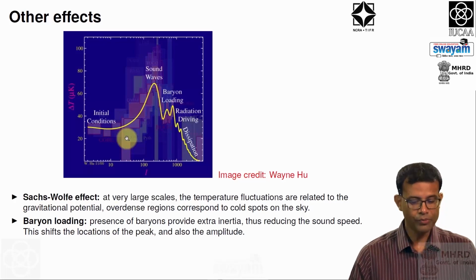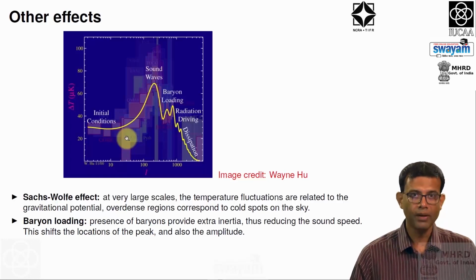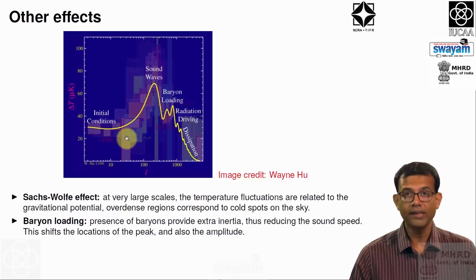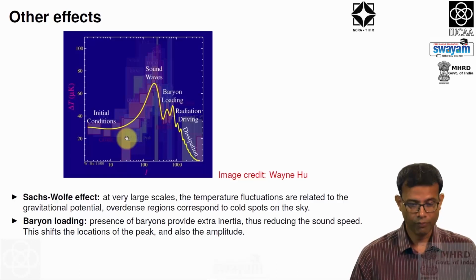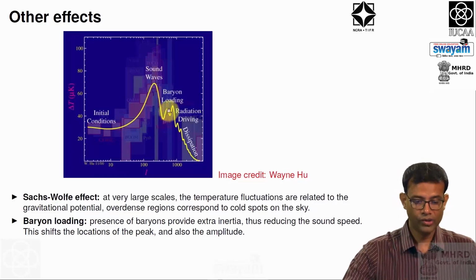So, this presence of baryons will provide some extra inertia, and that will essentially reduce the sound speed by some factor. This will shift the locations of the peak by some amount and also will change the amplitude. So, baryon loading starts affecting things somewhere here.